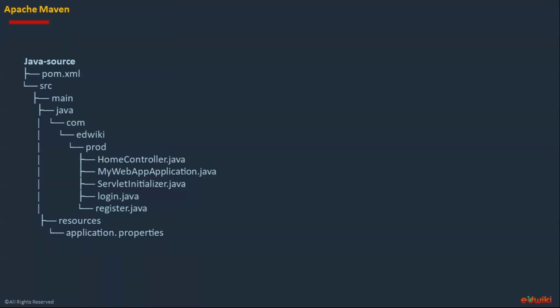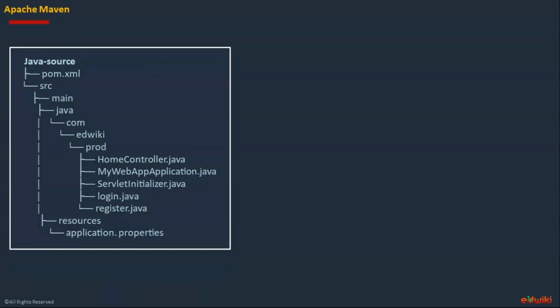And when you get Java code from the developer, as I said, you can't use the Java code as it is to run this. Always, the Java code that you get from the developer, which I'm calling source code at this time, that Java source code has to be given to build tools like Maven, right?